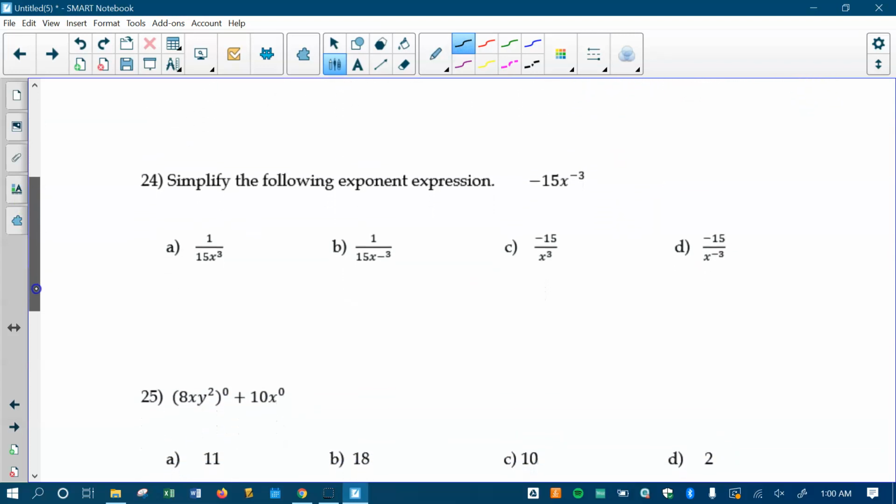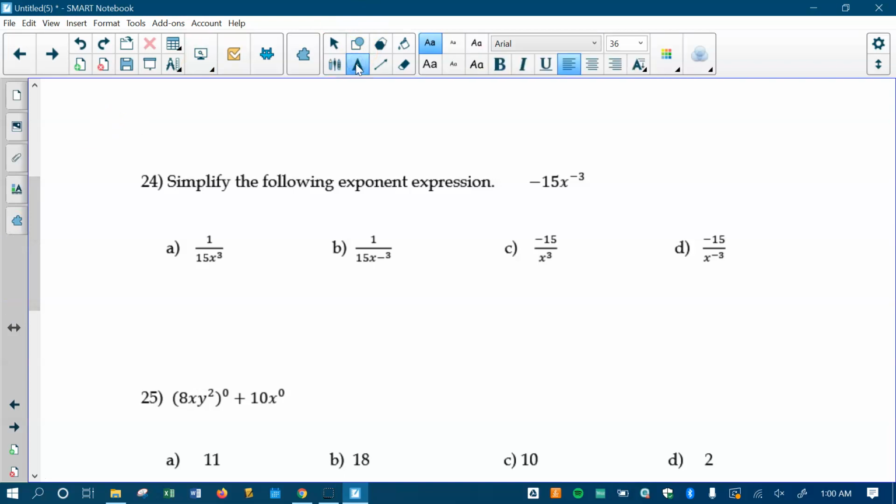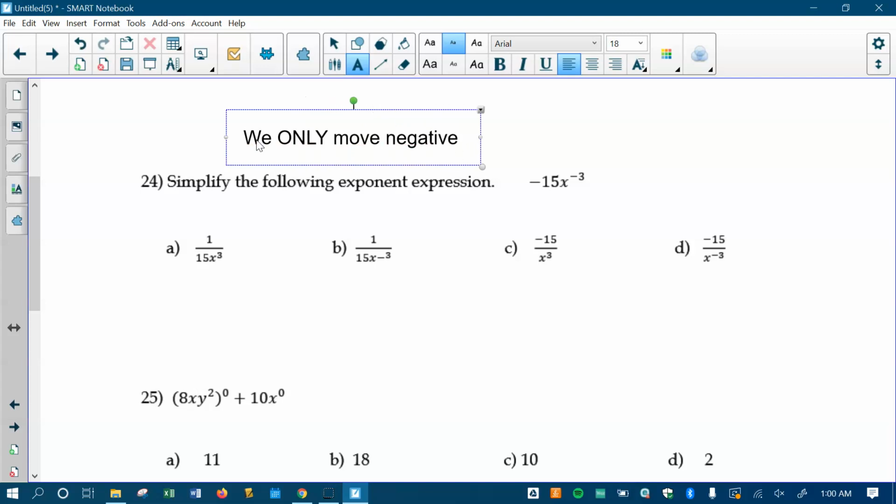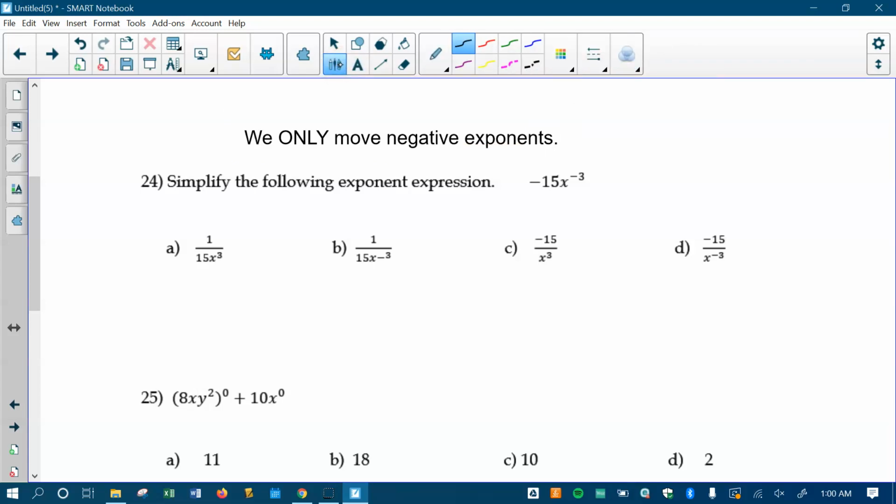To simplify the following exponent expression. Now, maybe you're one of these people, but I'm going to write this down in words just so we have it. We don't just move anything that's negative to the opposite side of the fraction. Only move negative exponents. And you'll notice that negative 15 is kind of all by itself, actually.